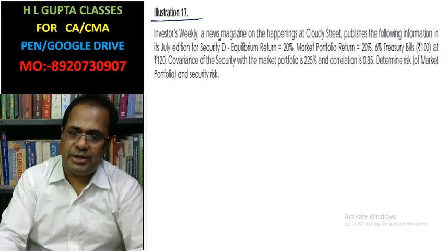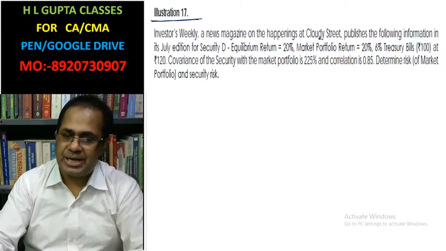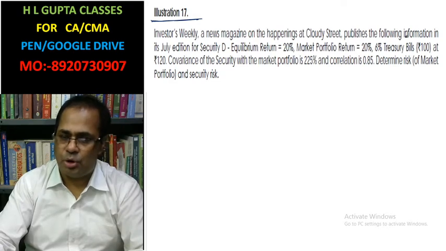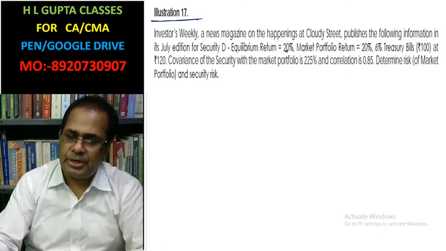Investor Weekly, a new magazine on happenings at Cloudy Street, publishes the following information in its July edition for the security D. Equilibrium return 20%, market portfolio return 20%. Look at it.